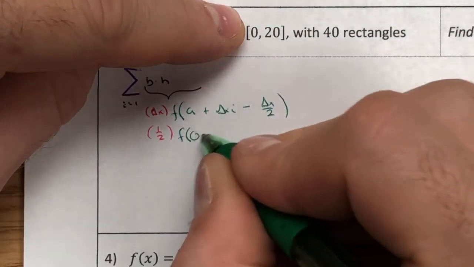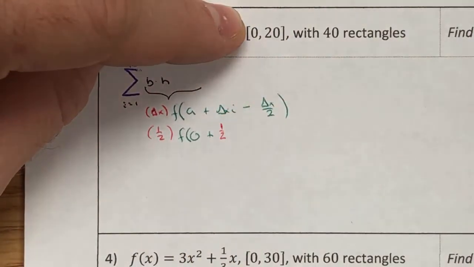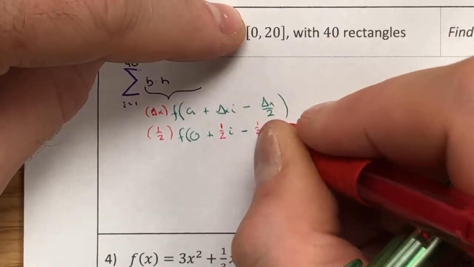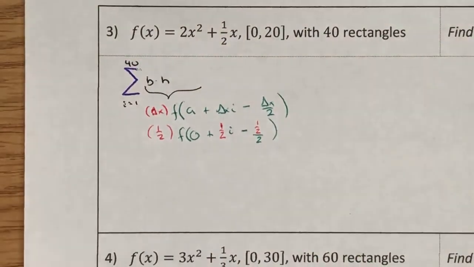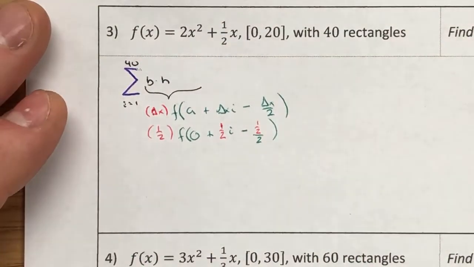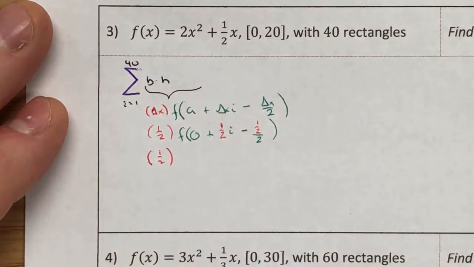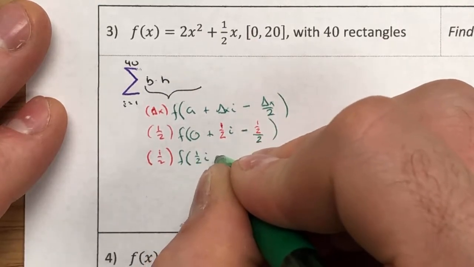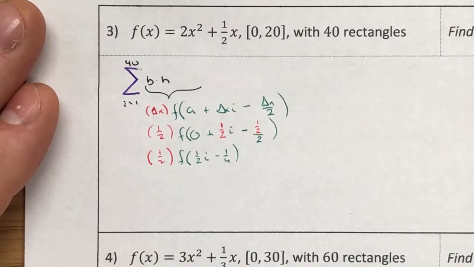That's going to be 0 plus, well, delta x is 1/2 of i minus delta x divided by 2. Well, this is 1/2 halved, which is going to, in essence, be 1/4. So our formula that we're doing is 1/2 times the function evaluated at 1/2 i minus 1/4. Awesome.